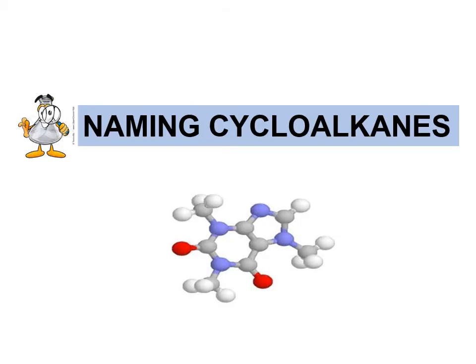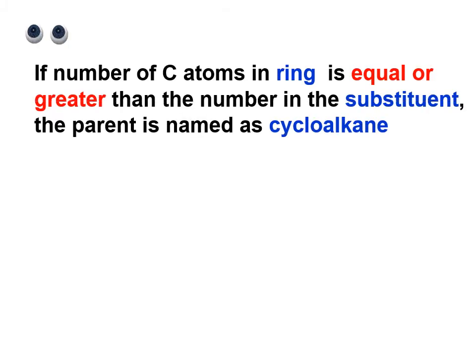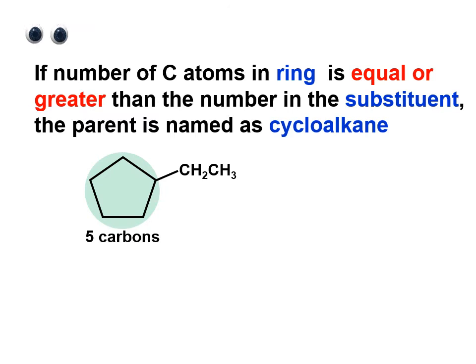Naming cycloalkanes. If the number of C atoms in the ring is equal to or greater than the number in the substituent, the parent is named as a cycloalkane. Example: the ring has 5 carbons while the substituent has 2 carbons.